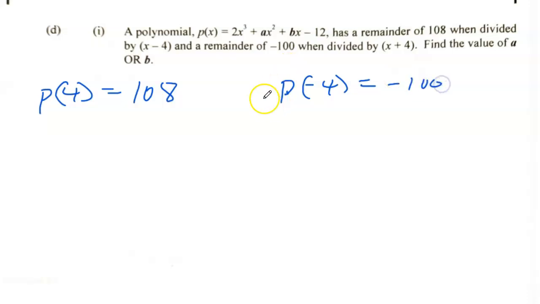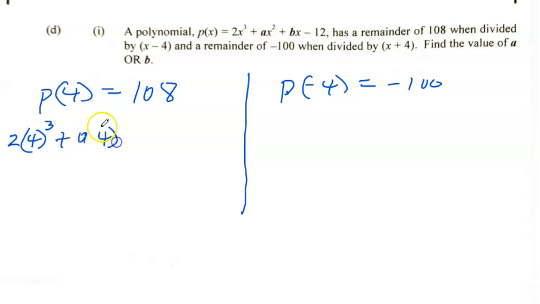So we should end up with a pair of simultaneous equations here. Alright, so p of 4, the first one, should give us the remainder of 108. So for p of 4, we replace x with 4. So 2 times 4 cubed, plus a times 4 squared, plus 4b, minus 12, should give us 108. Let's simplify this a little bit now.